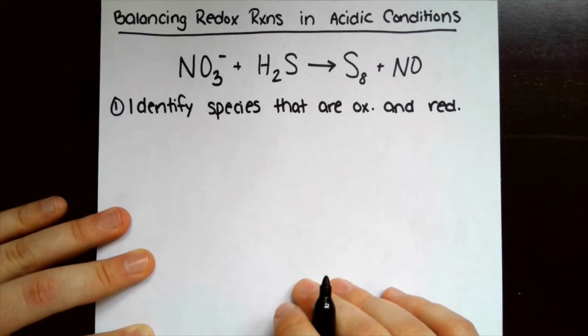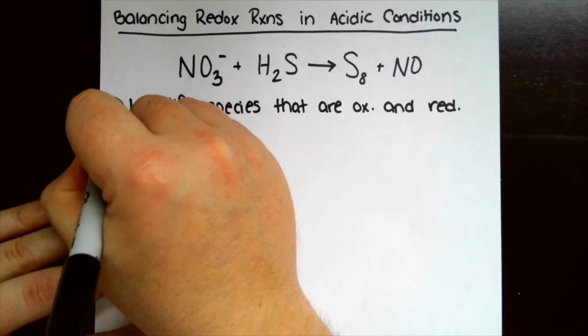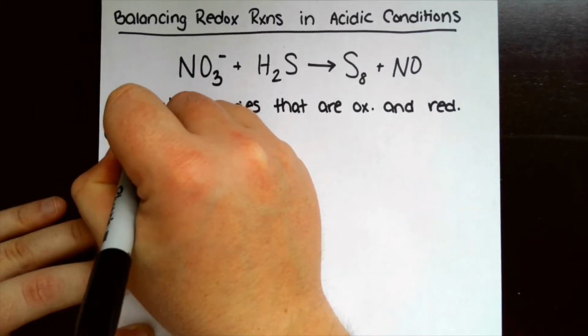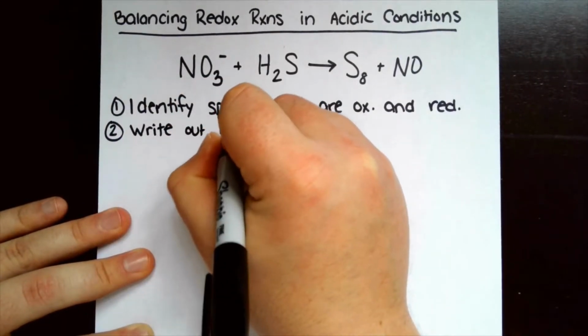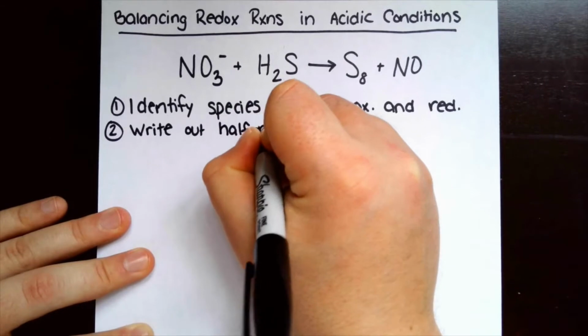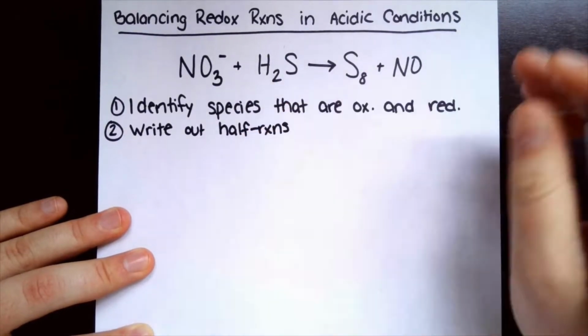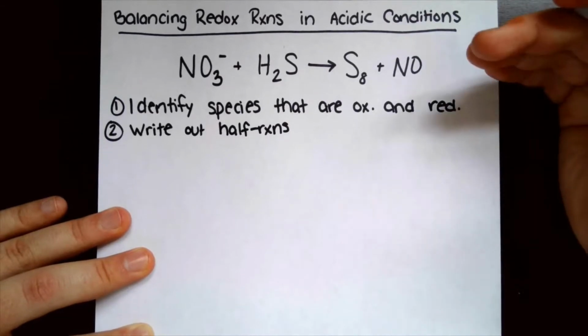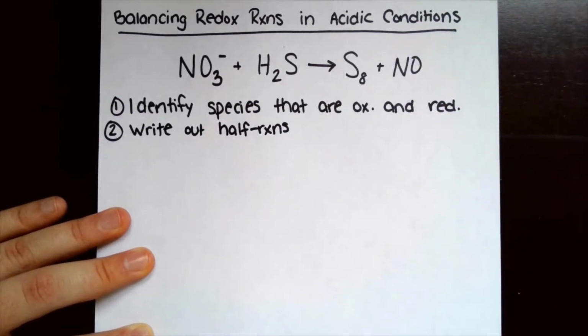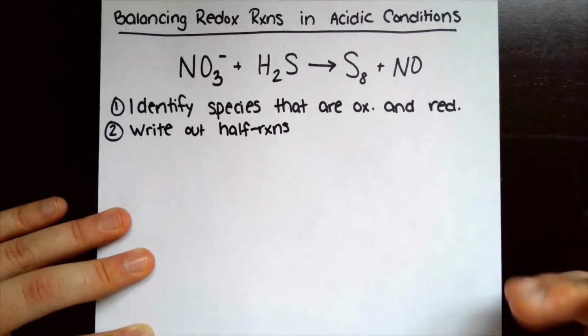Then, once you've got that, you need to write out the half reactions. So that again is when you just take the molecules that have the species that are reducing into one reaction, and then take the molecules that have the species that is oxidizing into another reaction.